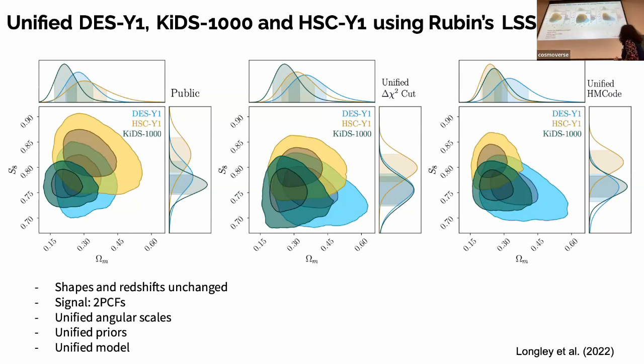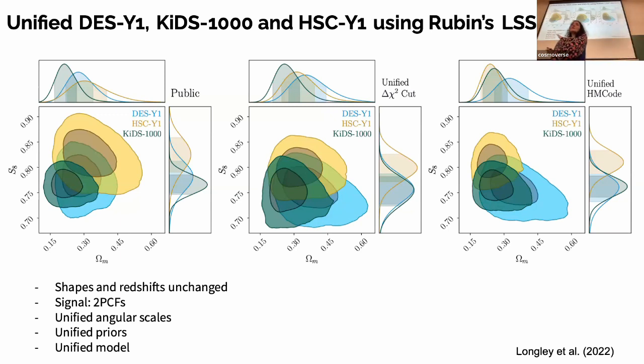And then this one's showing a less conservative scale cut by using a method that can marginalize over baryon feedback, called HMcode. And you can see that the results from the public analysis change when they do this. Both they move a little bit and the sizes of the errors as well.